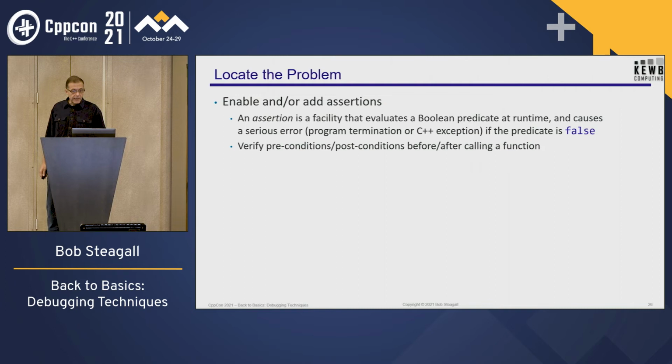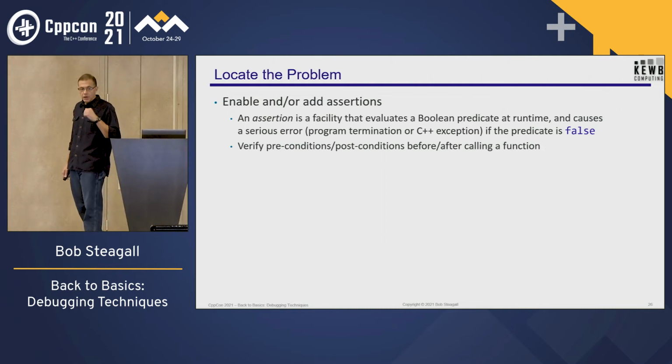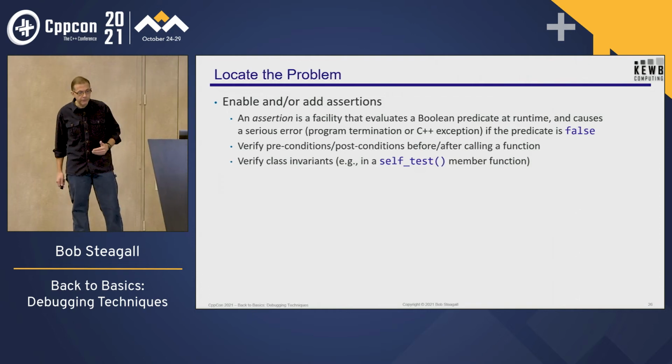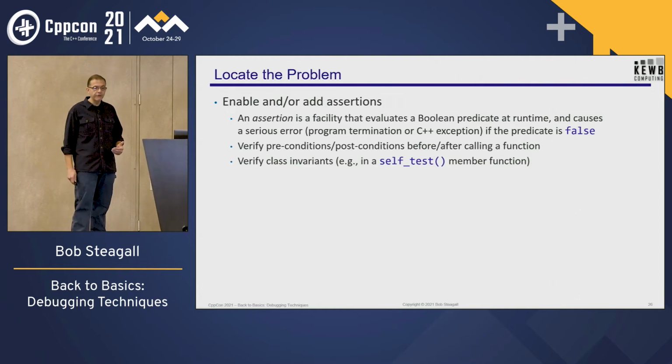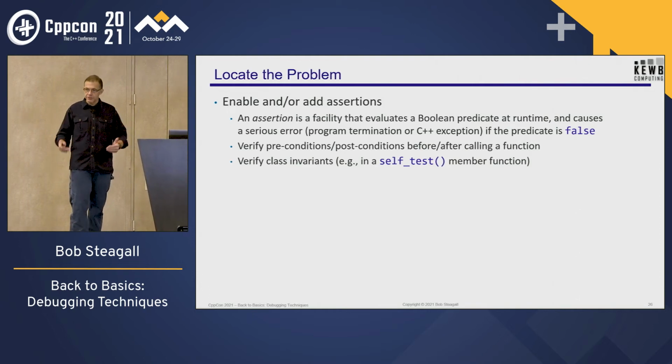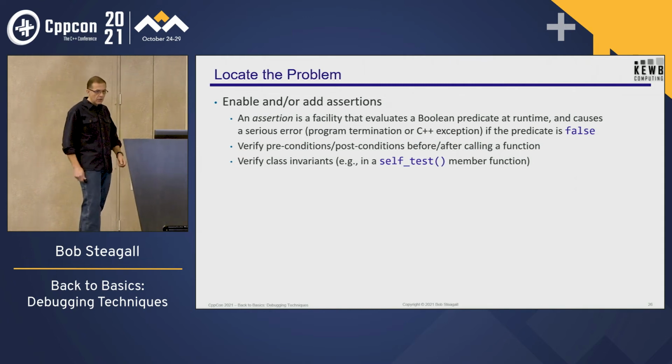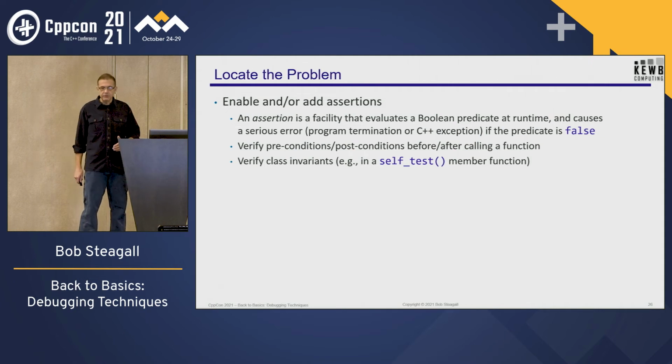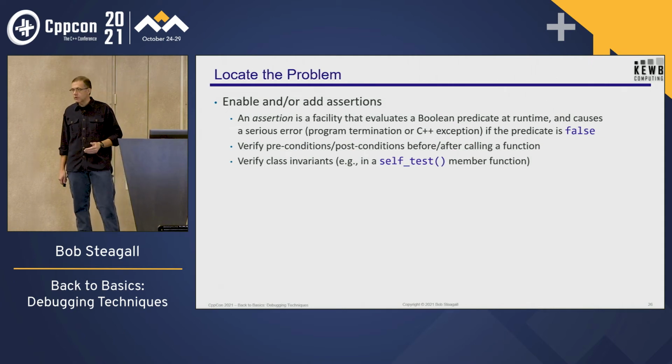It's a great way to check your preconditions and postconditions before and after calling a function. It's a great way to verify class invariants while you're executing a member function. Are my preconditions being met? Is my class maintaining its invariants? Are the postconditions being met? You can use asserts to do this.